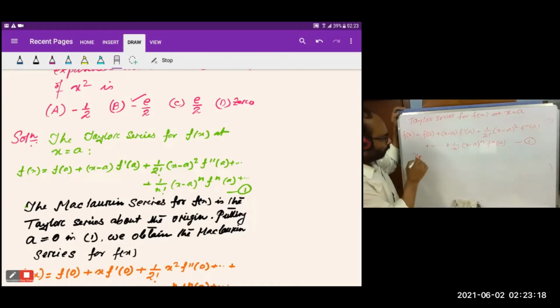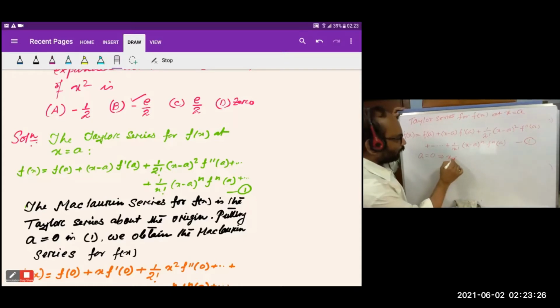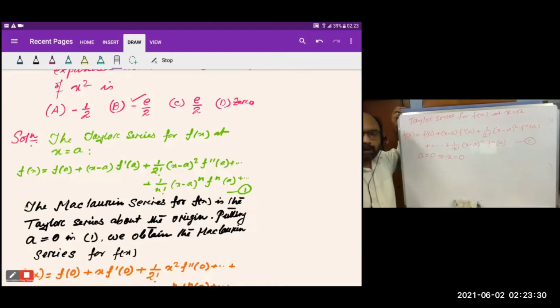When I put a equals to 0, that means x is 0. So when we expand the Taylor series about x equal to 0, the series becomes Maclaurin series.